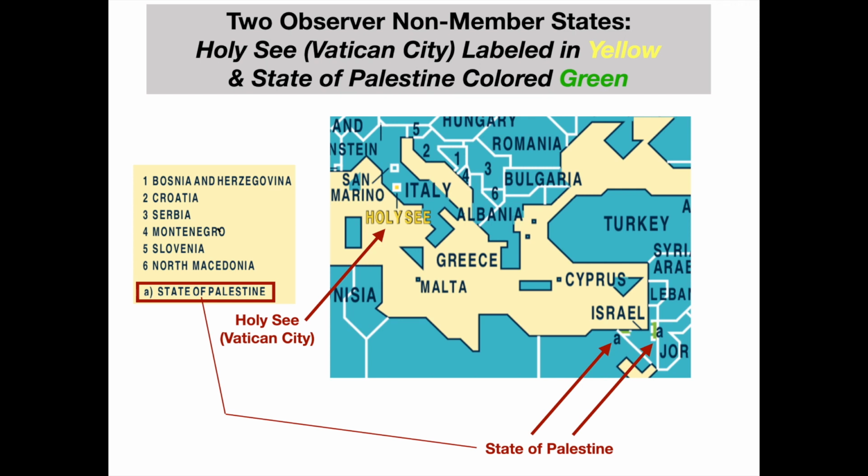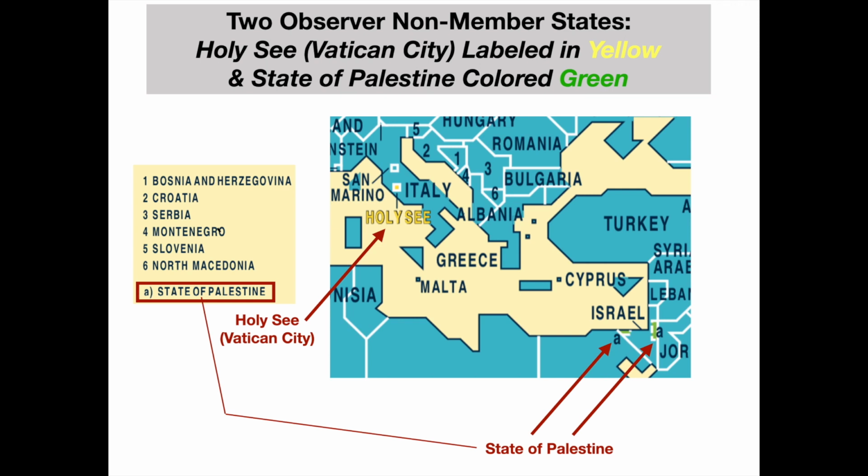And then we have the state of Palestine. Its label is offset. It's in the middle of the ocean because its territory is so small. But we could see here, A is for the state of Palestine, which is not a UN member, but is an observer of the United Nations. But notice here, it is mapped in green, which is an oddity.